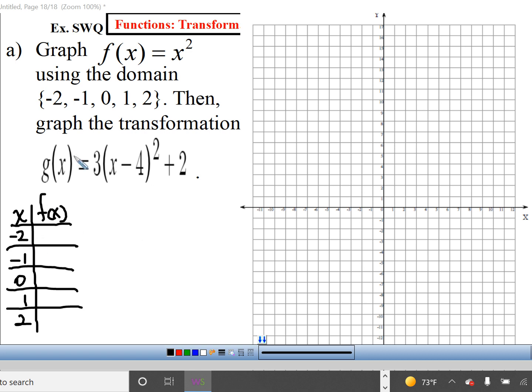So -2 squared is 4, -1 squared is 1, 0, 1, 4. Get used to these because we're going to be using these a lot, okay? So let's graph that: (-2, 4), (-1, 1), (0, 0), (1, 1), (2, 4). This is going to be our bread and butter, so make sure, once again, you get used to these. We're going to label this f of x.